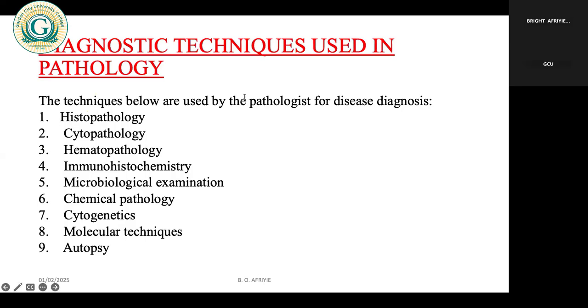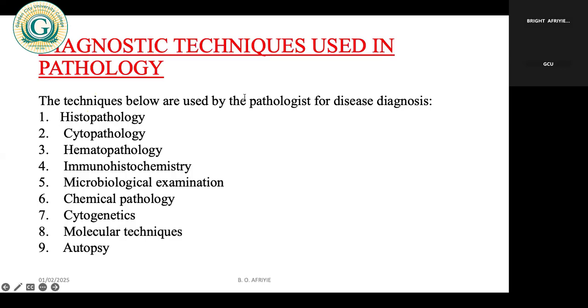When we are looking at blood and we are interested in blood and the cells of the blood, we are going to the hematopathology or the hematology lab. When we want to culture bacteria and some infectious agents from samples like urine, blood, and all that, then definitely we will be going to the microbiology lab.